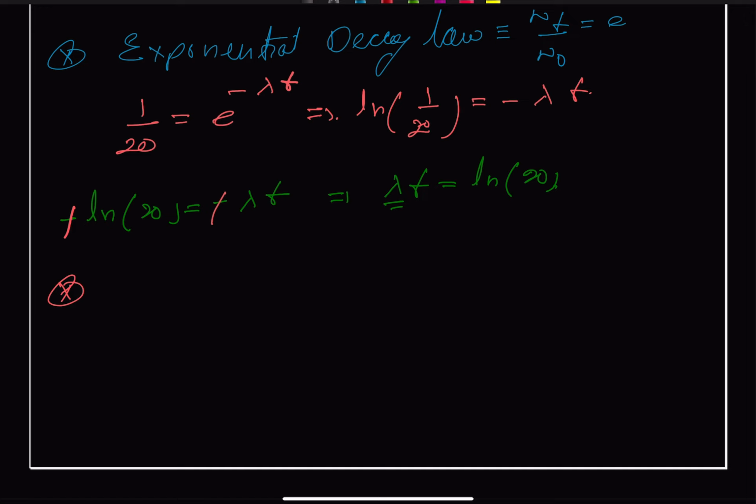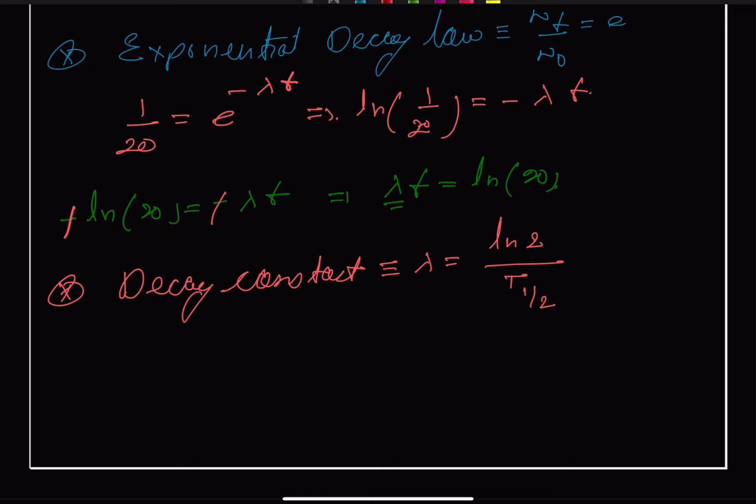So the decay constant, which is our lambda, is given as natural log of 2 divided by t half.